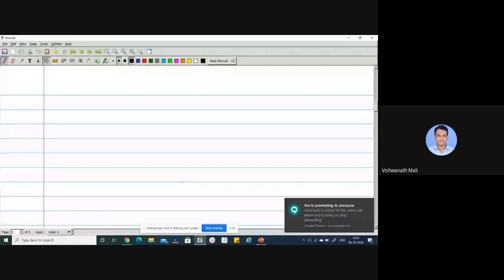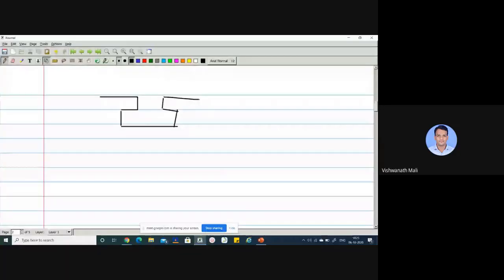Now let's suppose, I'm taking one example. Actually, you can make this with the help of other methods also, but to understand this, I'm giving this example.